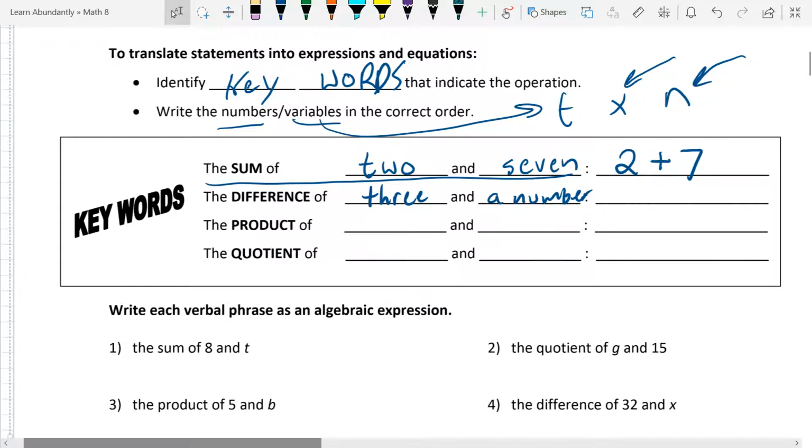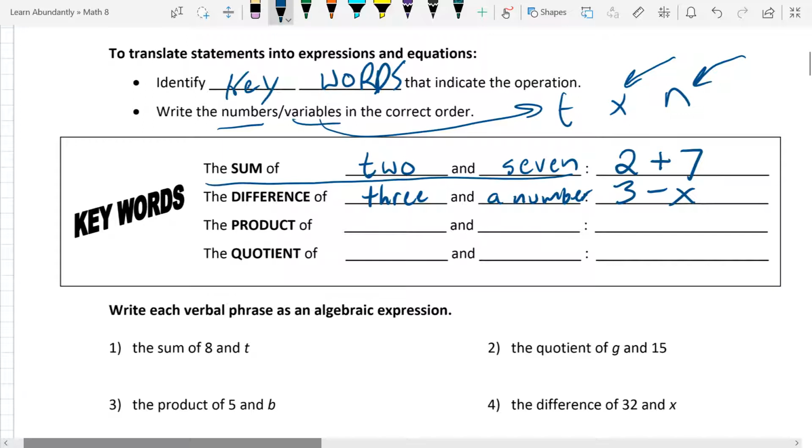If I need to use multiple variables, then I might use X and Y or A and B and C, okay? But I like to use X because it doesn't look like a number at all. So if I say the difference of 3 and a number, difference means subtraction. The difference of 3 and a number would be 3 minus X.